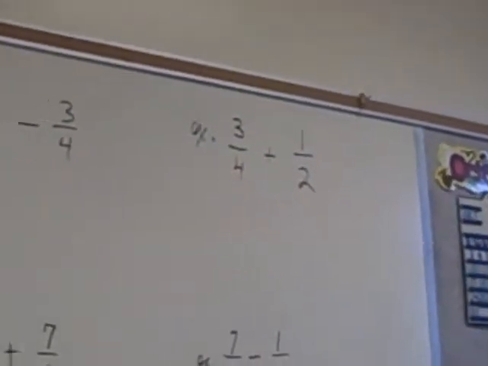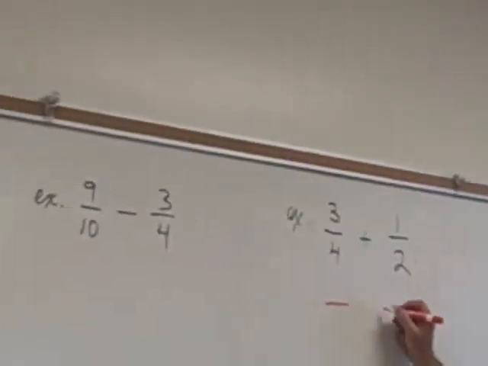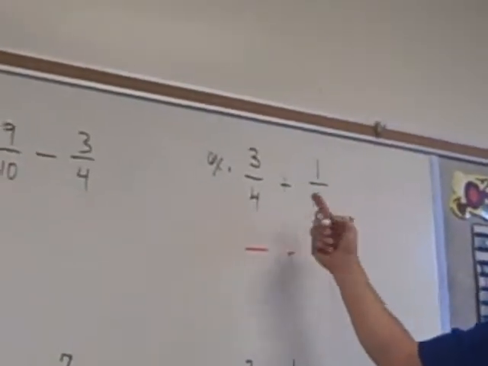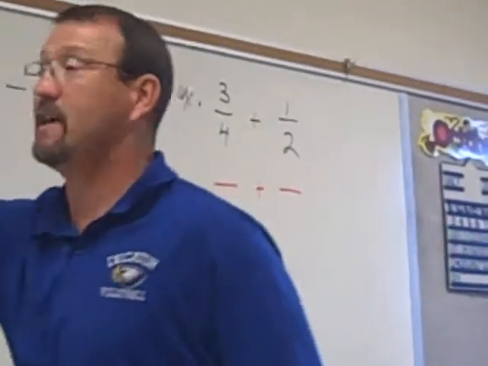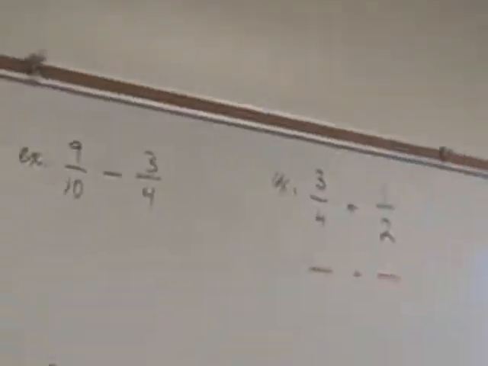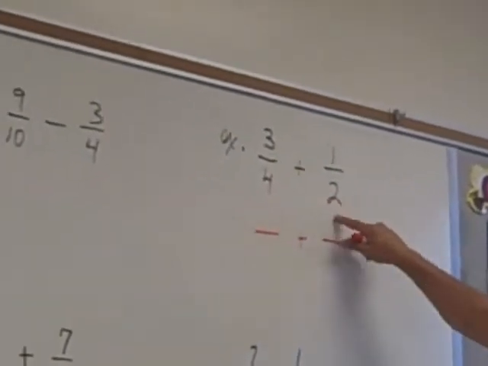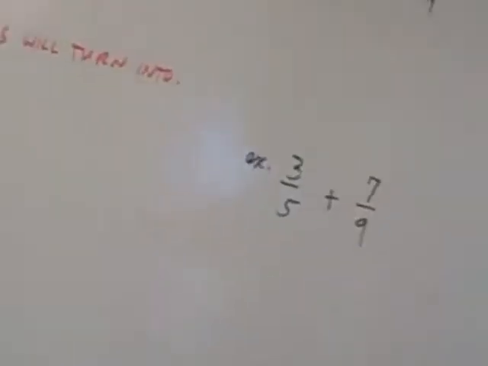Okay, well let's come over here to our first example, 3/4 plus a half. We're making new fractions because I can't deal with these. That's what the star says. You can't deal with those like that. So we need to change the fractions. And we're going to change them to where they have the same bottom. To do that, I've got to find a number that 4 and 2 can both turn into.